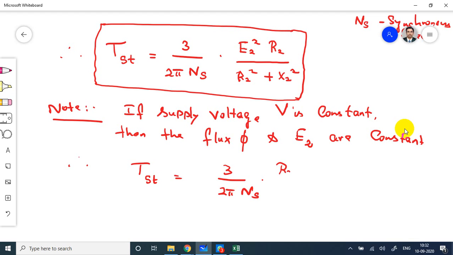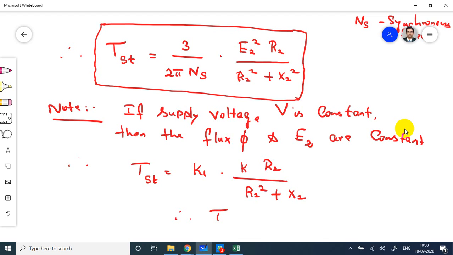So R2 by R2 square plus X2 square, or in another case we can write it, TST is equal to K1 into E2 square, we can write it as constant K, R2 by R2 square plus X2 square.